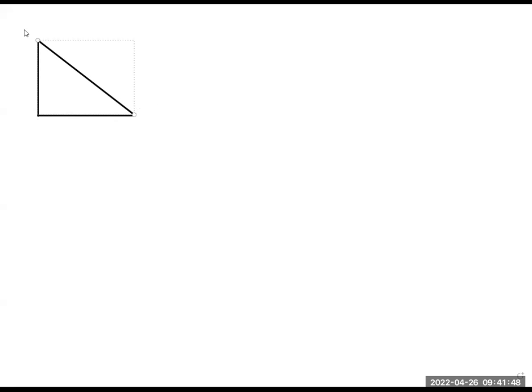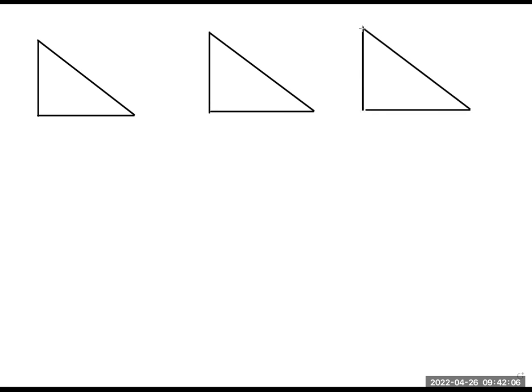Here is another triangle. Let's pretend they're identical, okay? And here is another triangle. Let's pretend they're all identical, yes?